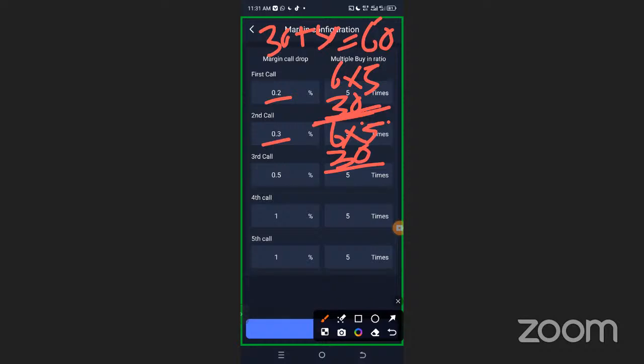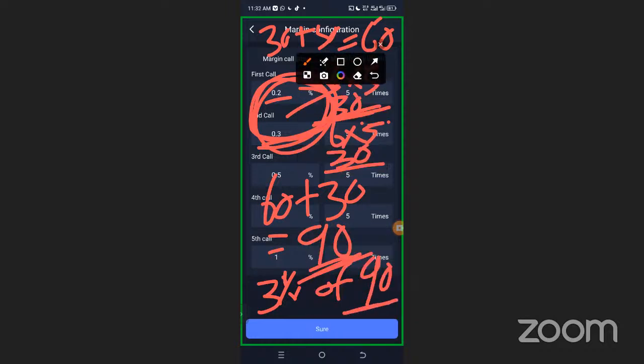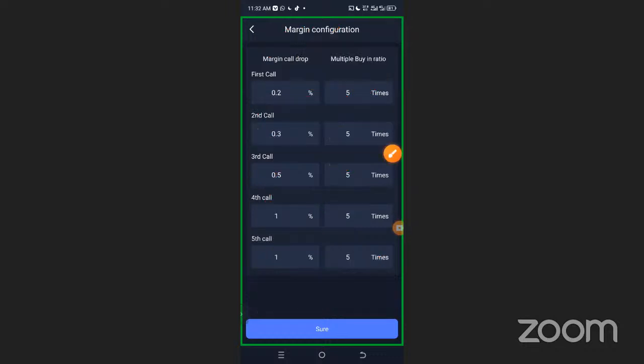So the robot is going to add another $30 when the market drops by 0.3, which becomes 60 plus 30, and this is $90 already invested by the robot in the market. So if the market stops dropping here, the robot is going to sell the coin, and you will make 3% of the $90 that the robot used to buy the coin.